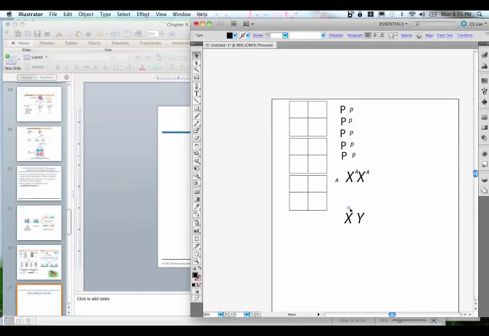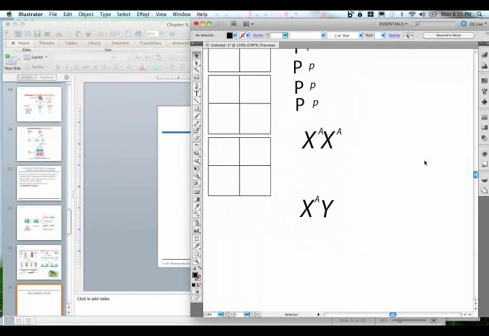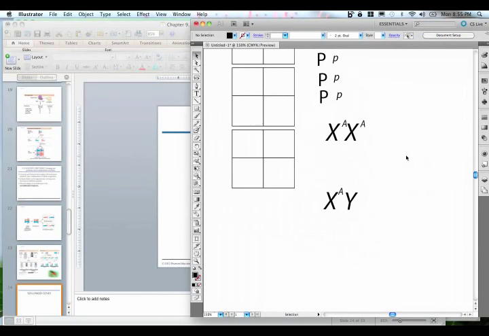And then we'll put a big A on the boy too. So they all have the same X. You notice I did not put anything on the Y. I should never see any letters on your Ys. We're only talking about X-linked inheritance in this class in regards to sex-linked. So remember, the Y doesn't have the A gene on it. The A gene is only on the X chromosome, so the Y stays blank.